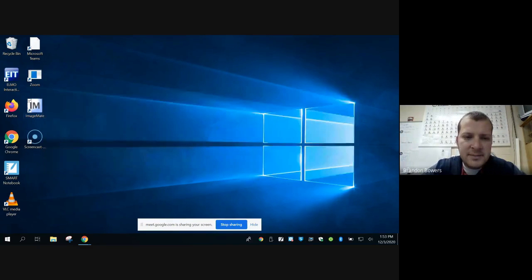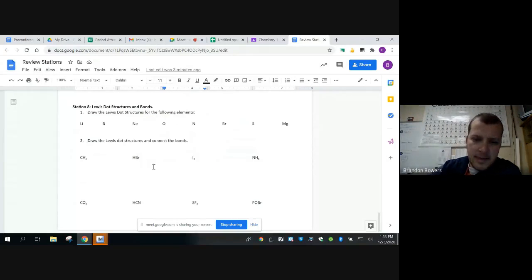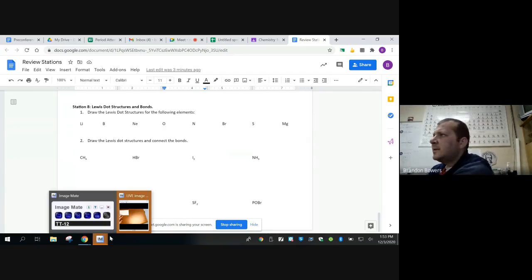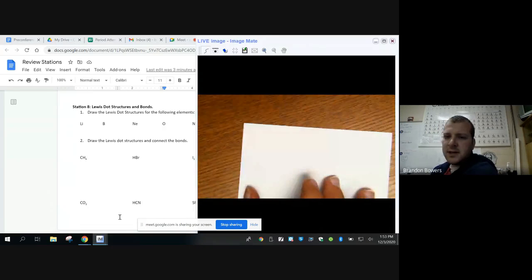So one of the examples was, let's do HBr. So hopefully you can see my index card here. We're going to zoom in on it a little bit.